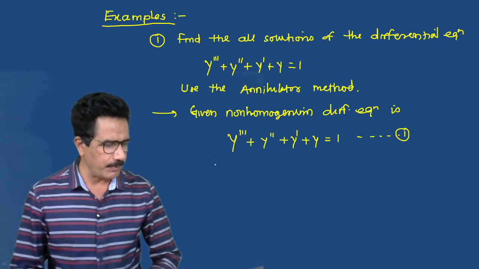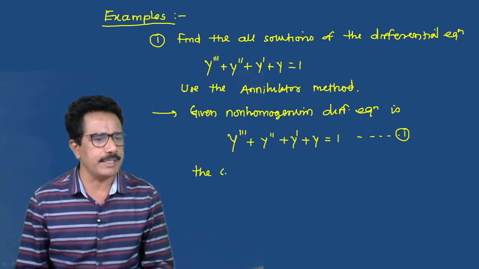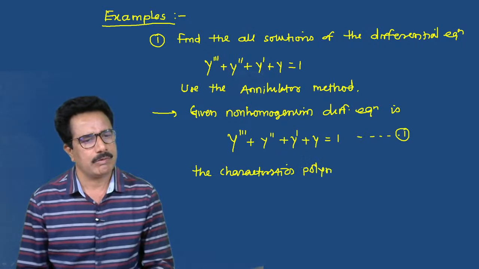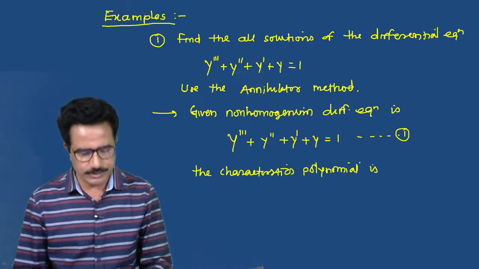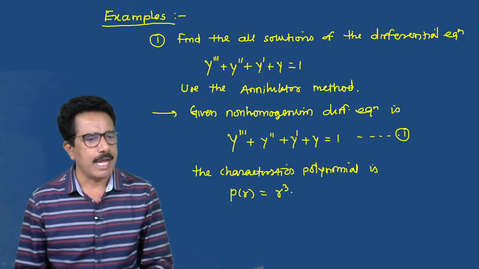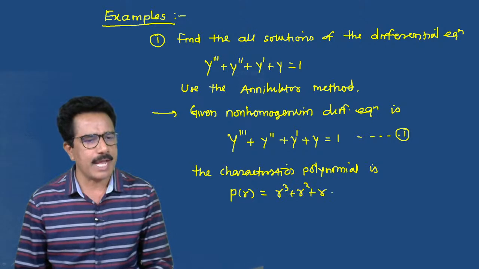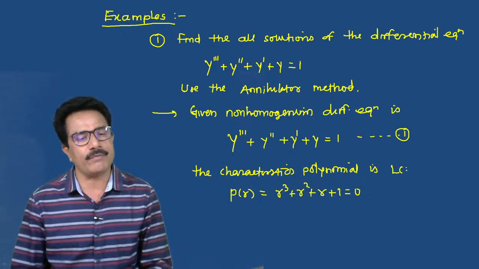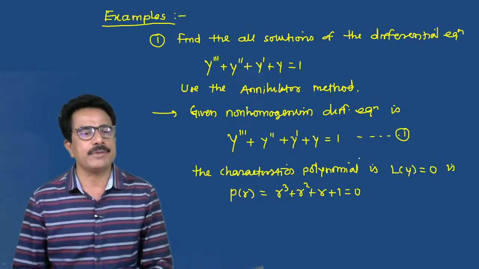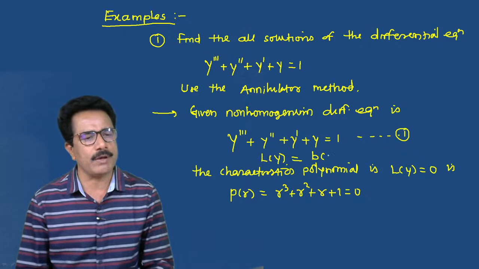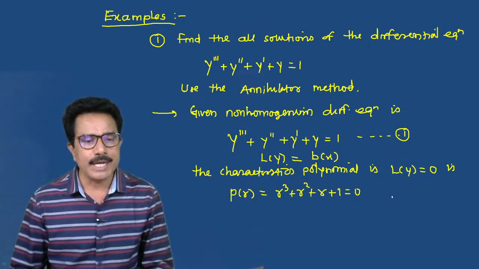Now the characteristic polynomial here, which is L of y equals 0, is P of r equals r cube plus r square plus r plus 1 equals 0. Actually, the given differential equation is L of y equals b of x. See this. Now you know how to find the solution.